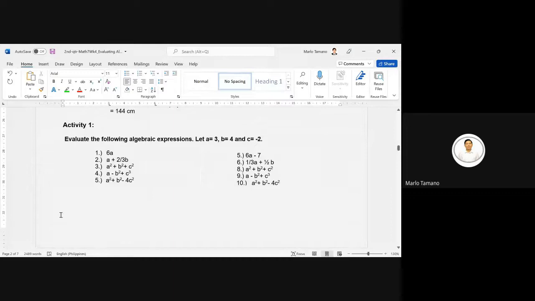Do you have the answer to number 2 now? May sagot na po, sir, number 2. 2/3 of 4, ibig sabihin, i-multiply nyo po yung 4 na whole number at saka yung 2.